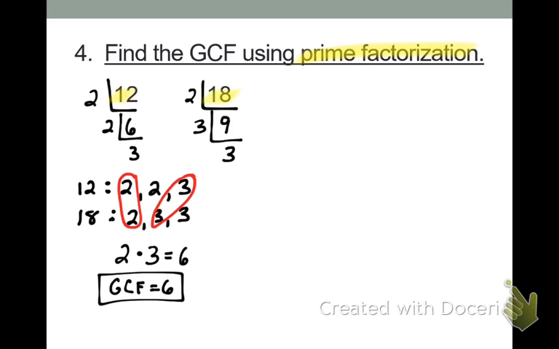Now, yesterday we talked about another way to find the GCF. Do you guys remember what that was called? Listing factors, okay? Listen, you're finding the same thing. What I've asked you to do here is to find the GCF. So what two numbers did we just find the GCF of? 12 and 18. Guess what we're going to do on the next one?